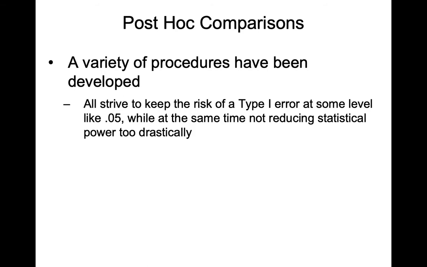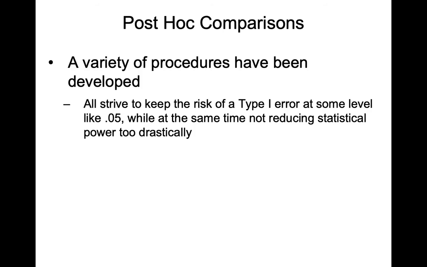But generally what you should know is that post hoc comparisons, including the 2 that you're going to learn in this lecture and all the others that you could possibly use in a statistical software program, have all been designed to keep the risk of making a type 1 error at some level, like alpha 0.05, while at the same time not reducing statistical power too drastically. Recall that when we lower the alpha level to something like 0.01, we've made our test more stringent.